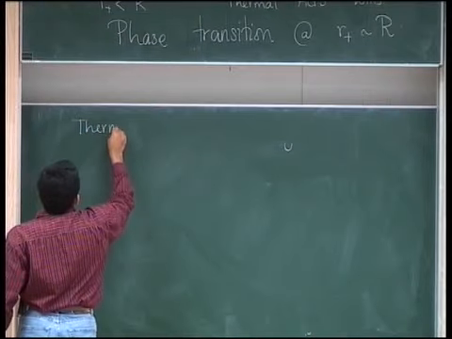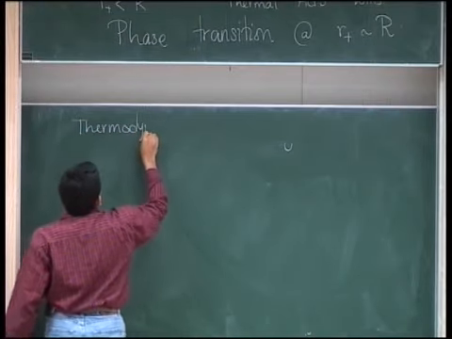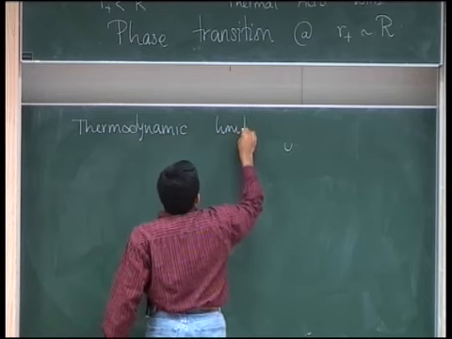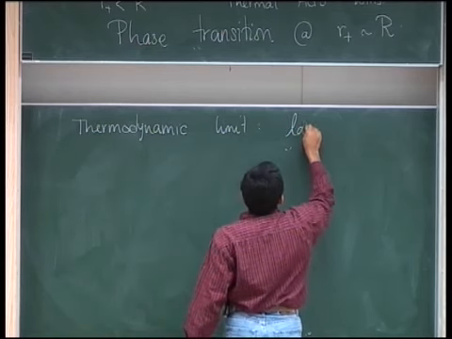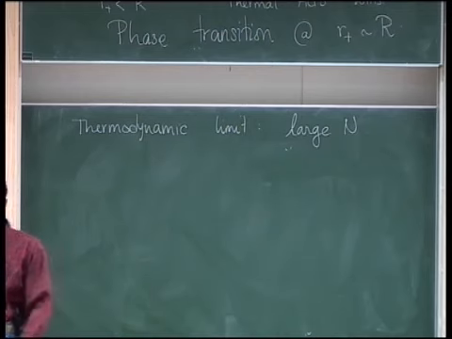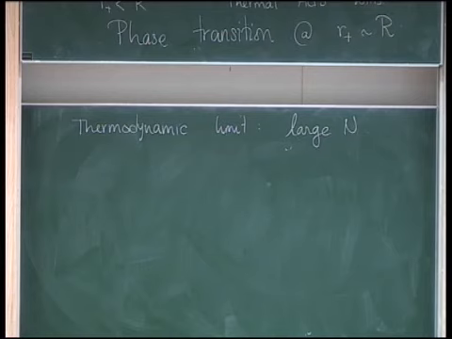So the parameter that's controlling the thermodynamic limit is n, not spatial volume, as you are conventionally used to in ordinary discussions of thermodynamics.